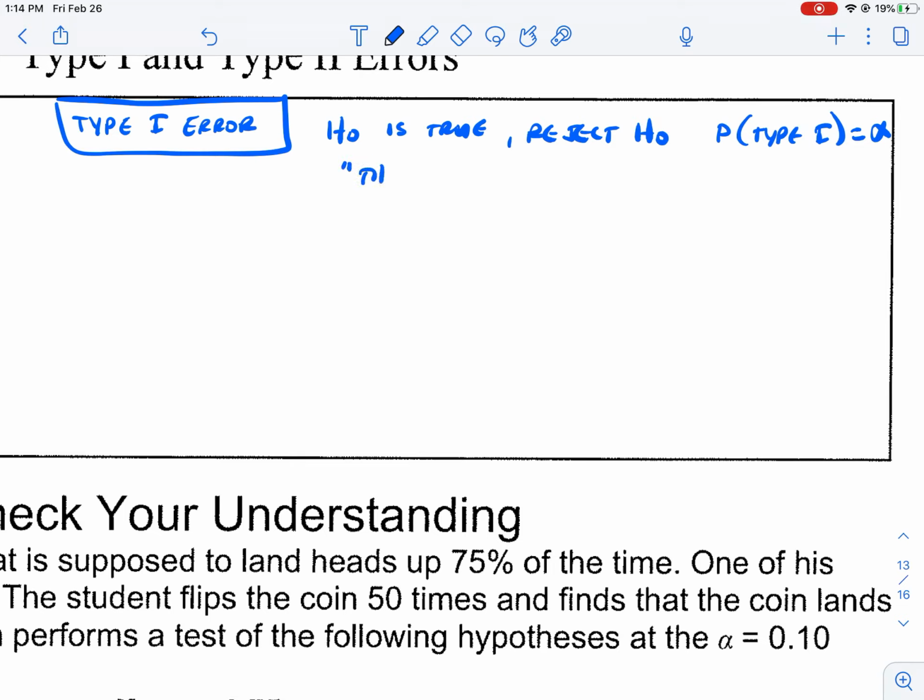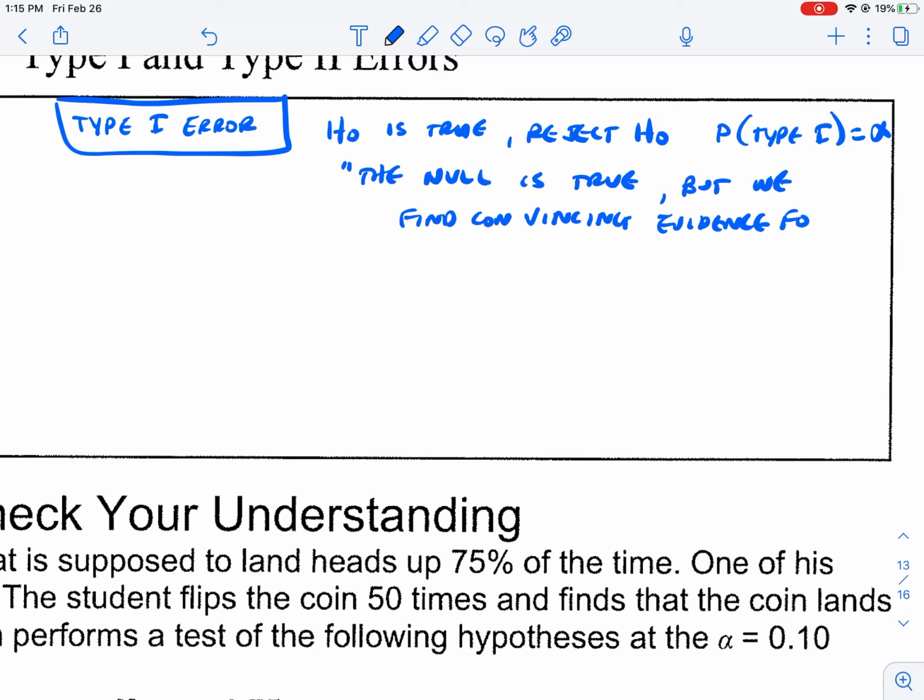Something like this. The null is true, but we find convincing evidence for H sub A.